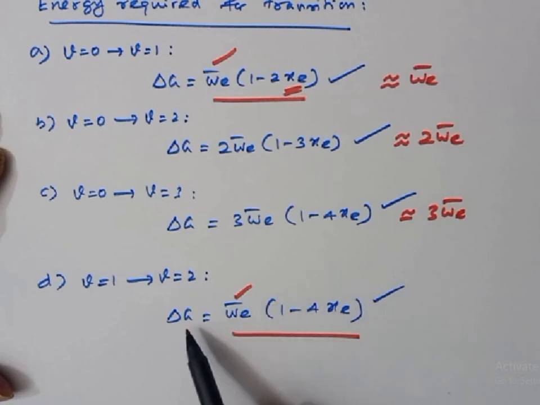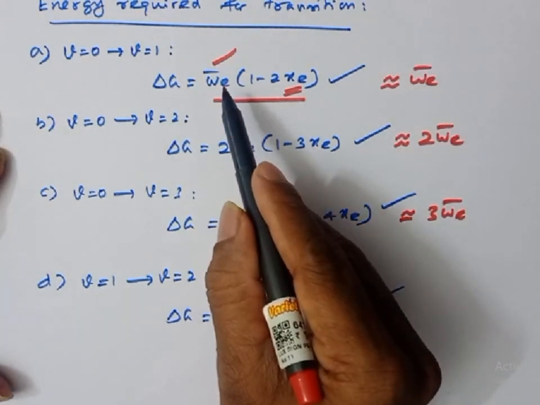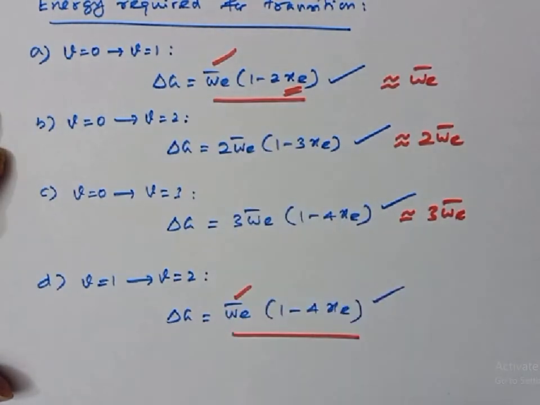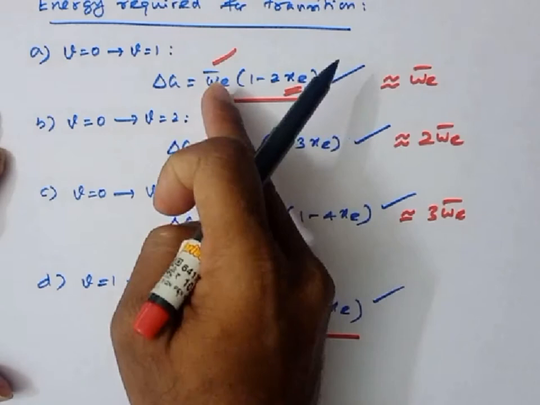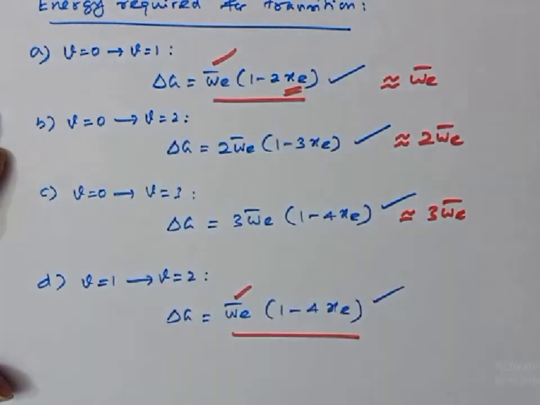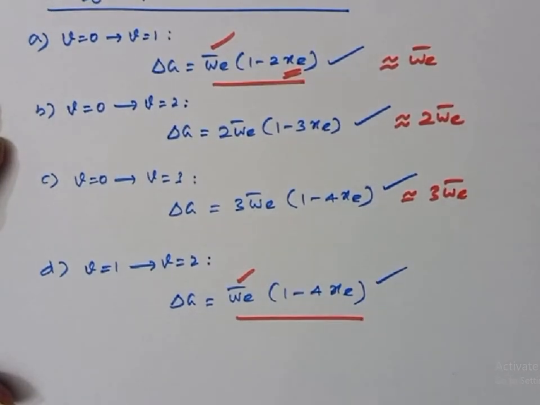So the energy required for the first hot transition is less compared to the energy required for the fundamental vibrational transition. That means this transition will appear at a lower frequency compared to the fundamental vibrational transition. Keep this in mind, this is very important.